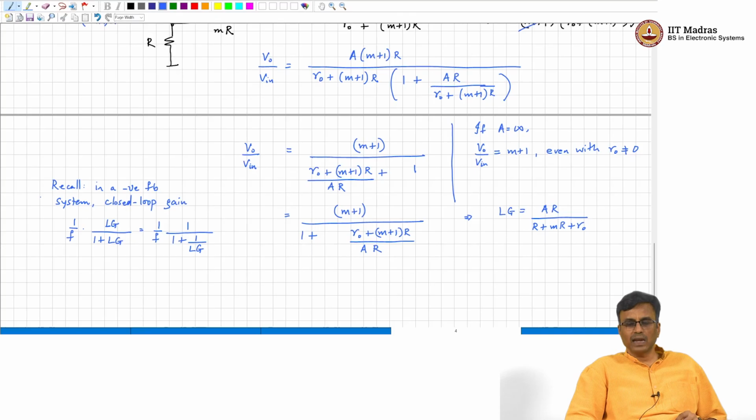So if the gain is very large, then when R naught was 0, what would the loop gain be? A by M plus 1, right?